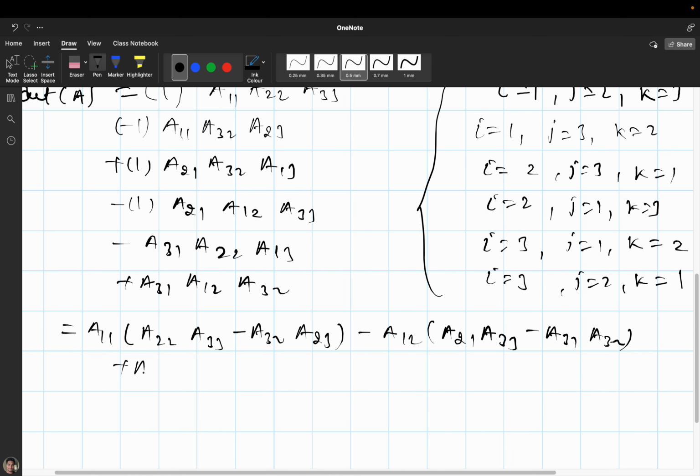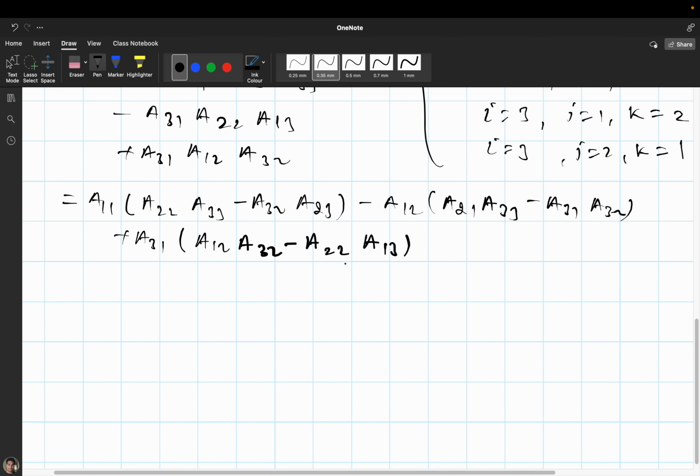When I take the common of a31, then the value will be a12, a32 minus a22, a13. Okay, so these are the values.